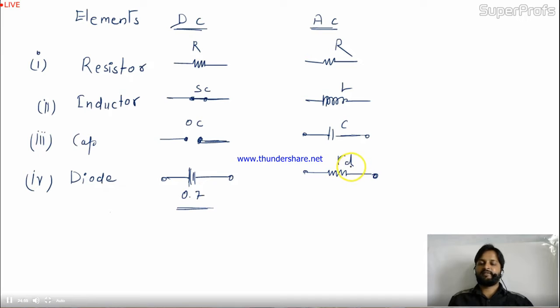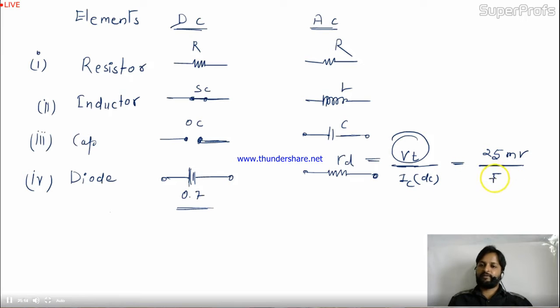I can take this as RD, D for diode, and this RD is given by VT divided by IDC. This is the temperature equivalent voltage. At room temperature, the value of this is 25 millivolt. So you have to divide 25 millivolt by IDC. IDC means you apply DC to the diode, then find IDC.